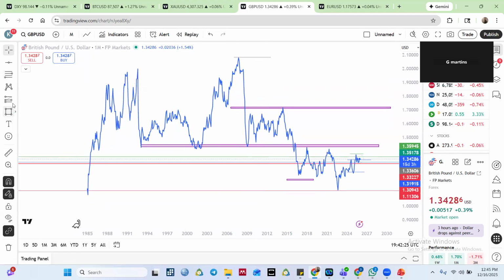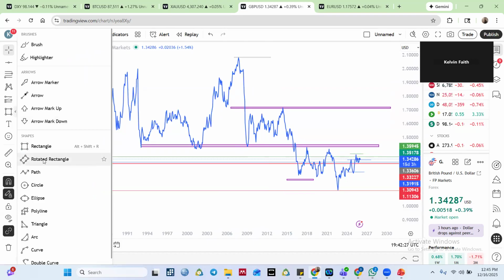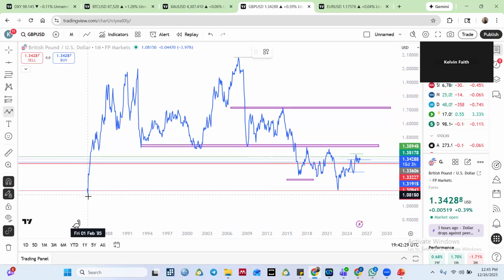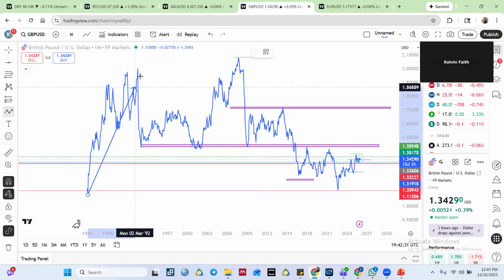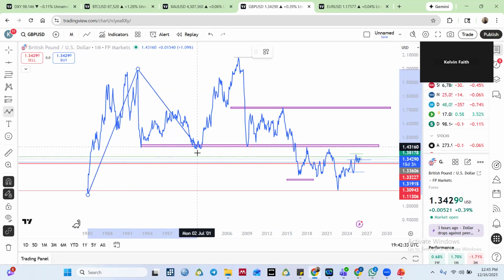Yes, good. So currently, from my understanding, I can see the trend as higher high, lower high, higher high, higher high. We need a lower high.